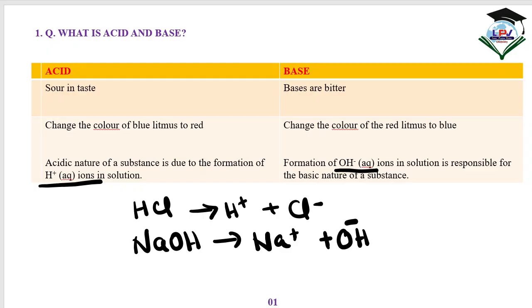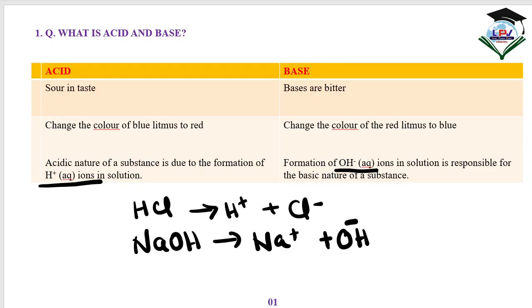In order to come to a conclusion whether it is an acid or a base, you have to perform a litmus paper test, because you cannot taste or smell every time.